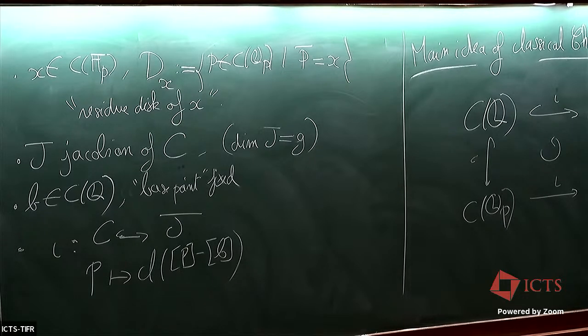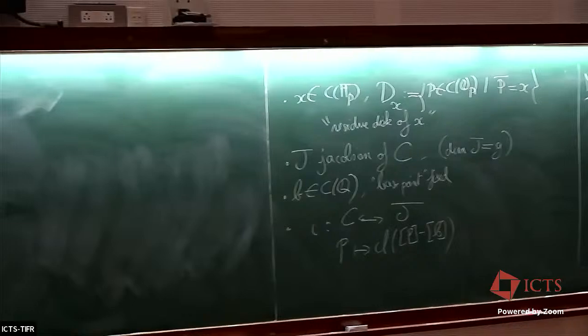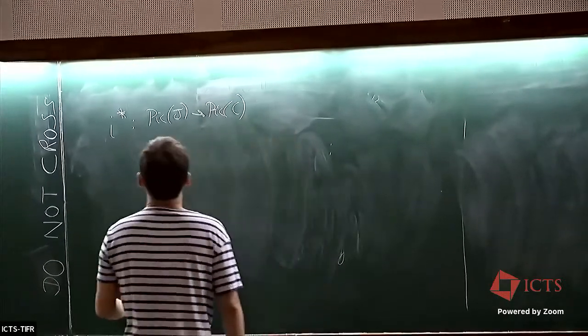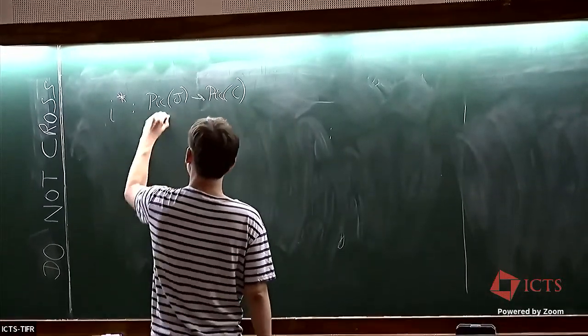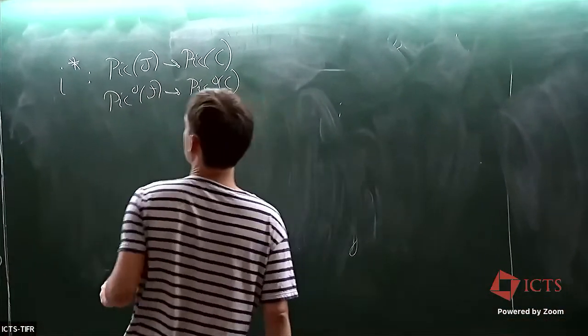Okay, so I'll keep on with this. So if you know about line bundles, you know we can pull them back here. So I can pull back, iota goes from C to J. So when I pull back, it goes from Pic of J to Pic of C. Okay, and also from Pic 0, it sends also to Pic 0 of C here.